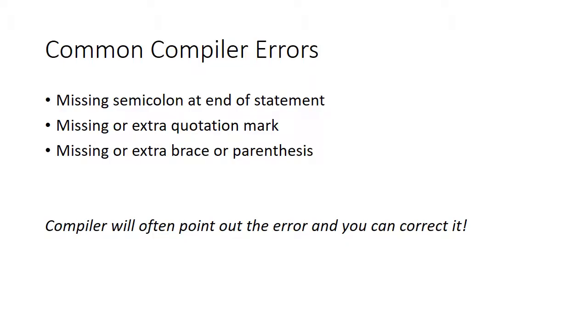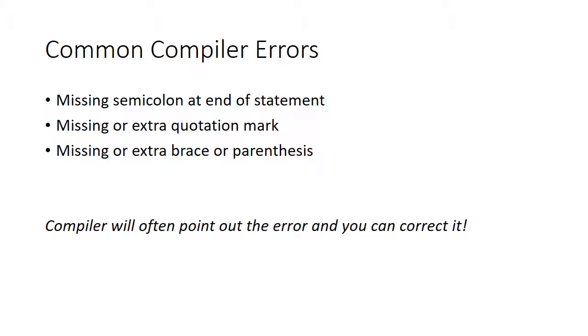But common compiler errors that will occur all the time: missing semicolon, quotation mark, or brace, or extra semicolon, or extra quotation mark, extra brace. An extra quotation mark or an extra brace also, since quotation marks, braces, and parentheses always occur in pairs, the computer is looking for a matching one that doesn't exist.